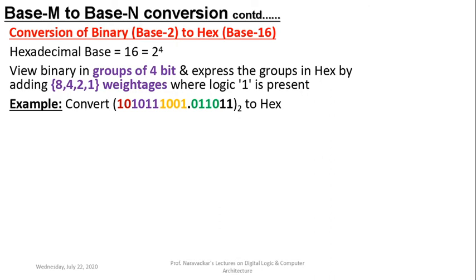But the brown group is not complete. It contains only 2 bits here, 1 0. So 2 zeros are to be appended on the left side here to make that particular group a complete group of 4 bits. Same thing is applicable on the right side of the binary point here.